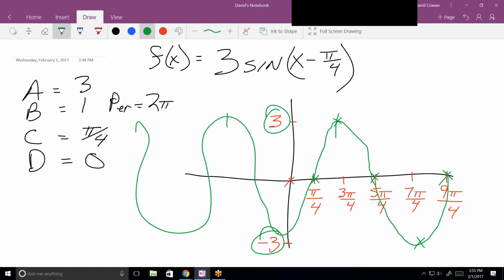Because when you start getting into real-life trig problems where they apply this sinusoid function to the tides or to somebody's breathing or to a simple pendulum rope swinging back and forth, anything that's periodic in nature, they're going to ask you to come up with the sinusoid function of it.